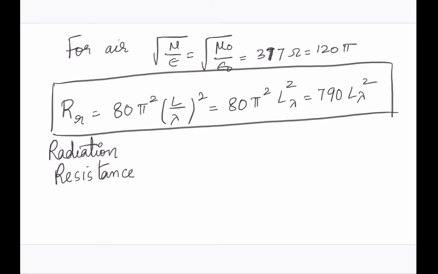Now there is a special case, that is, suppose the current is not uniform. If the current is not uniform, this equation has to be slightly modified.